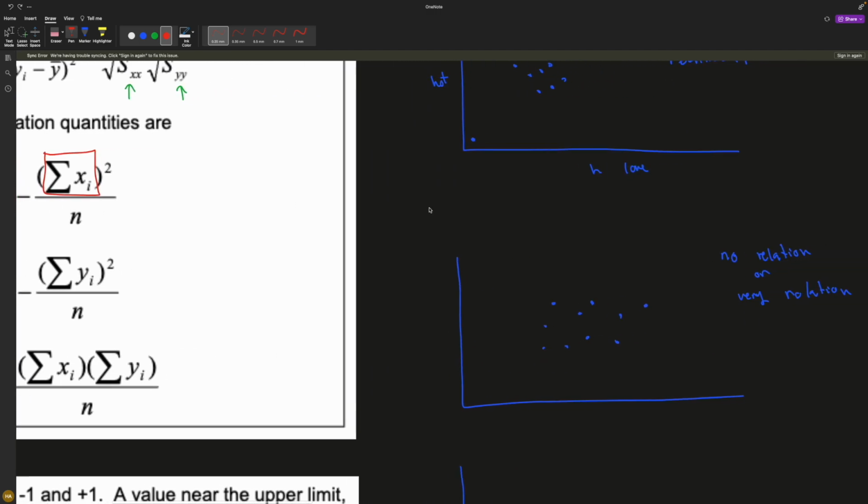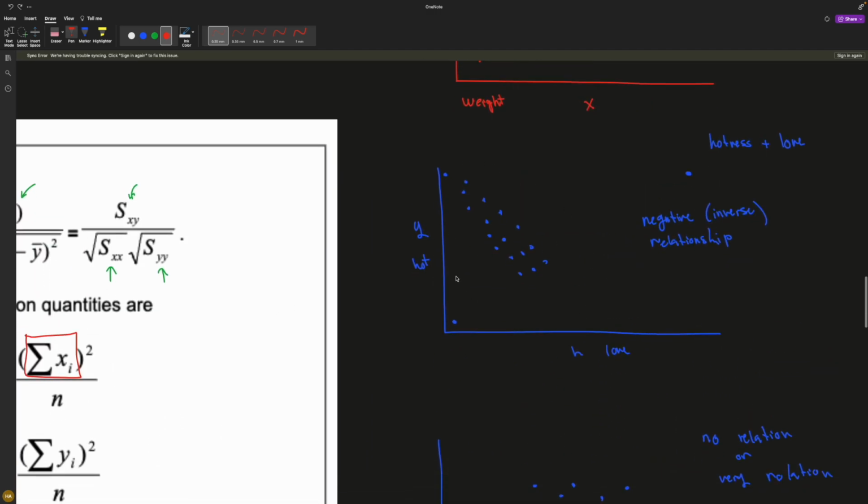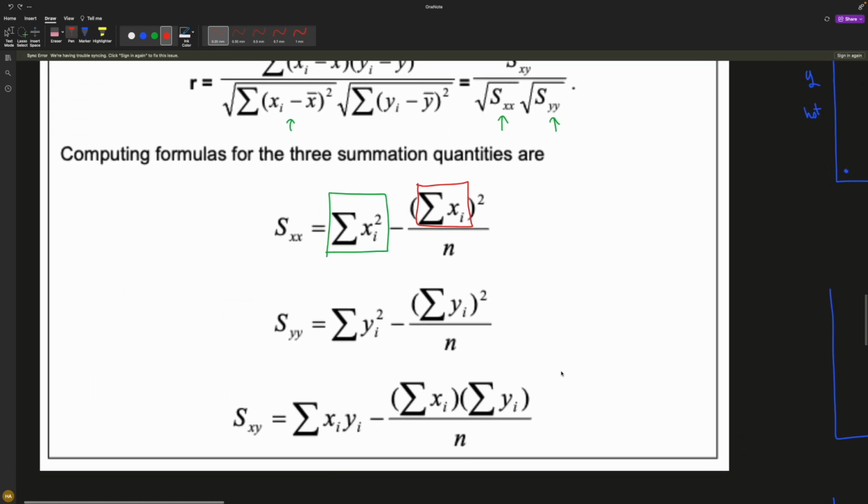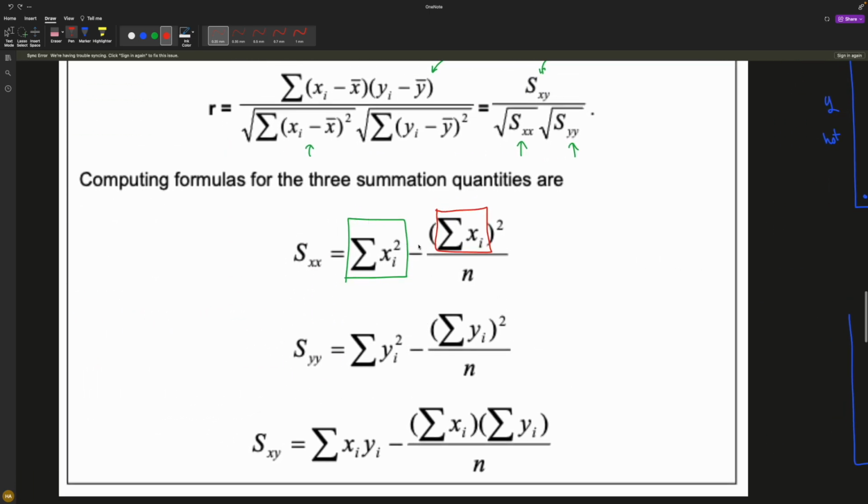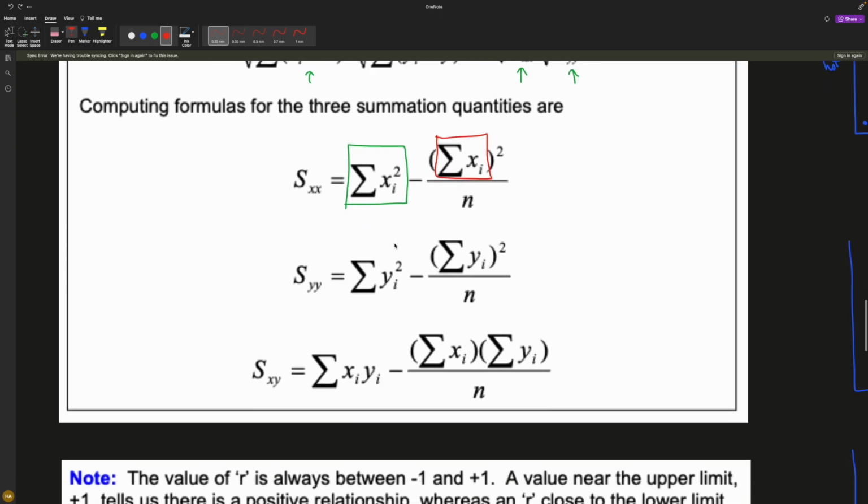Also, one more point I would suggest is this correlation does not depend on which one goes in X and which one goes in Y. So if I were to bring this here as my X and I bring this as my Y, it won't make a difference. Okay? So keep that in mind. So here, if they give you two types of points, you don't gotta sit there and be like, oh, which one's my X? Which one's my Y? It doesn't matter. Okay? So that's that.